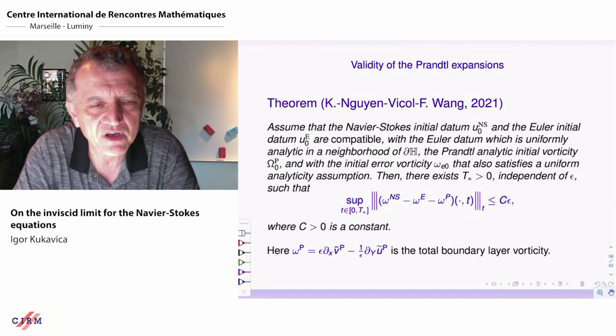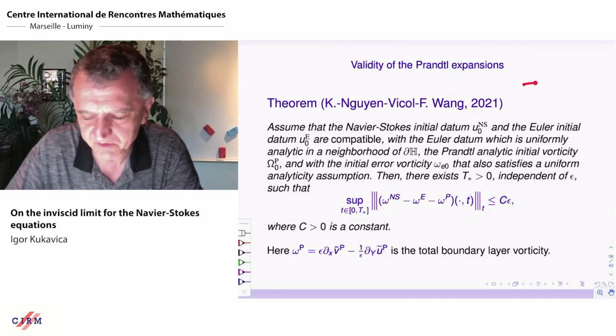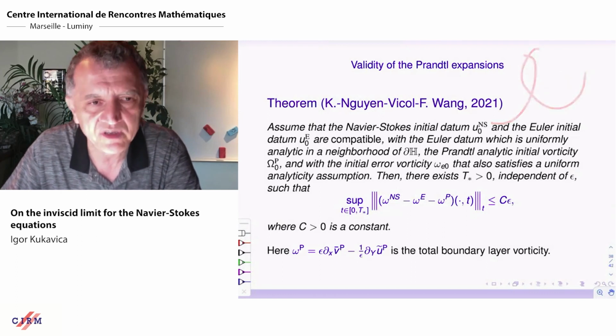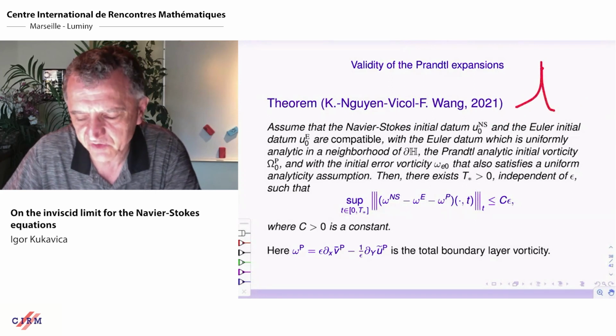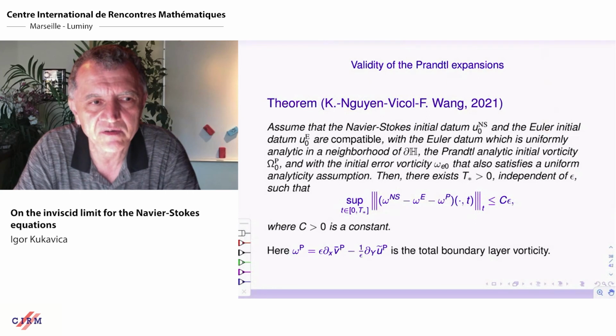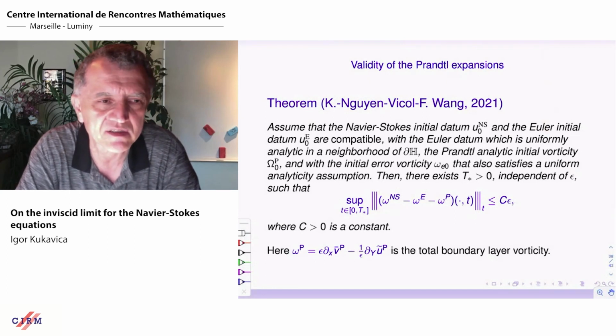And for the long time, I saw some numerics which indicate that if you have velocity going toward each other, there is a production of vorticity at the boundary, which actually goes into the interior. So it's not expected to be true for a long time.